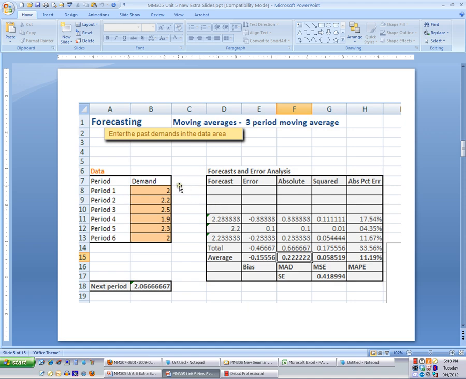Once you finish entering the data for the 6th period, you're going to see the forecast for the following period, which would be period 7. You're also going to see the mean absolute deviation, which is one way for us to know how good of a forecast we have using this technique.